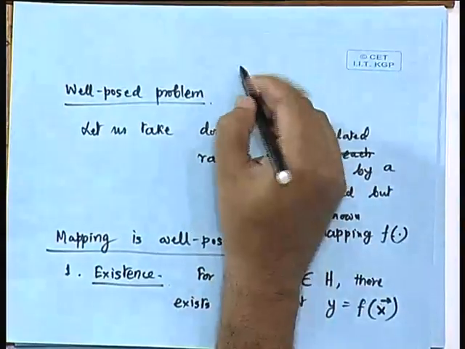If that is not so, then there is a problem, then it is lacking continuity. So, if all three conditions, that is to say existence, uniqueness and continuity, are fulfilled, then only are we going to say that the problem is well posed. If any of these three conditions is violated, then the problem is not well posed and it is referred to as an ill posed problem.